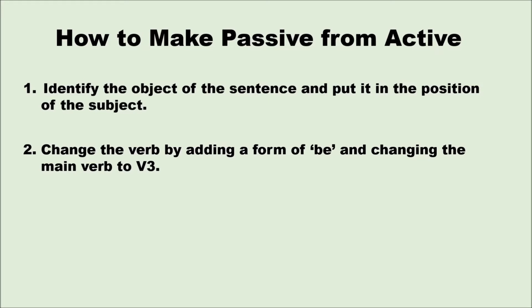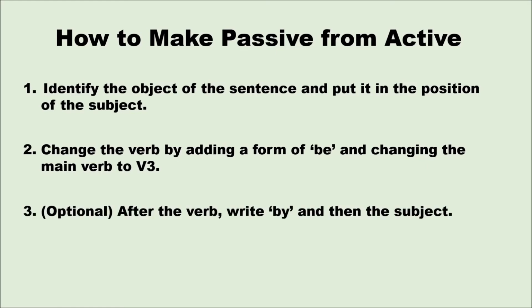It is a shorthand that is quite easy to refer to the different forms of the verb. Number 3 is optional, up to the author. If you want to include the subject in a passive voice sentence, after the changed verb form, you would write by and then include the subject.